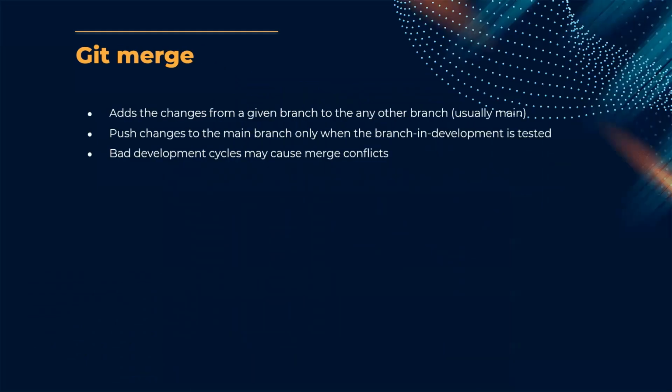Then you can work with something called git merge, which adds all the changes from any branch to any other branch. But there are some problems that may arise if multiple people are working on the same files on their own branches. We'll go through this later. It's called a merge conflict, and I'll show you how you can resolve it properly.